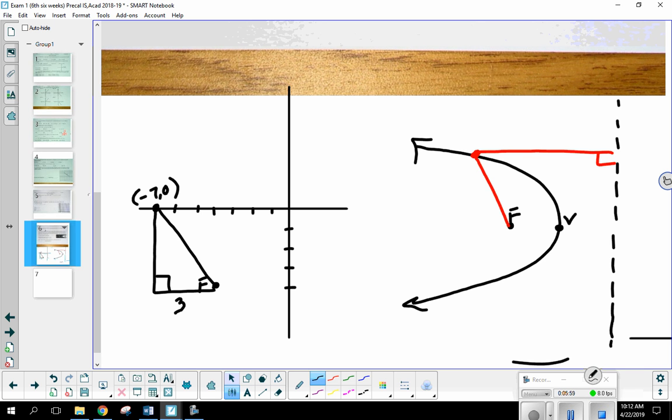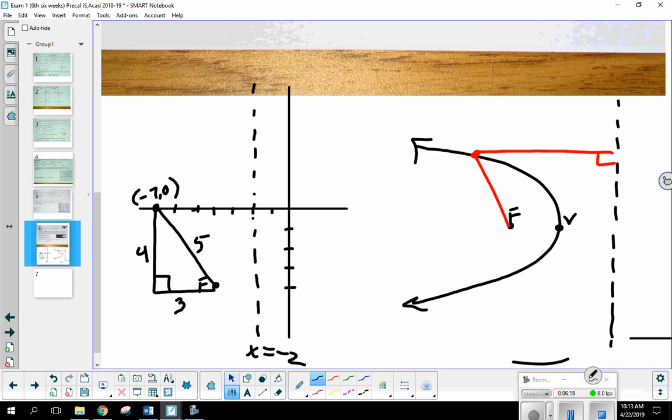Ooh, 4. So this is a 3, 4, 5 right triangle. So what I would want to do is go 5 units back, and that should put me at the directrix. So 1, 2, 3, 4, 5. Okay, so here's my directrix, x equals -2.